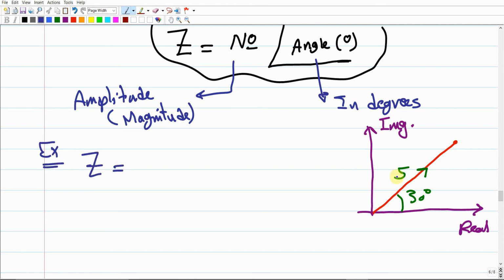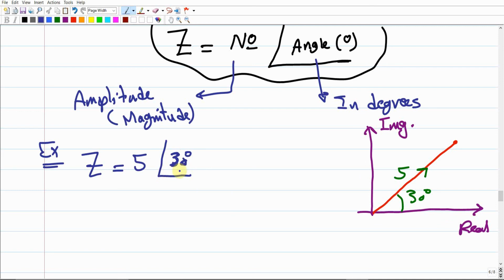Z equals the magnitude, which is the length of this vector, 5. This is the magnitude or the amplitude, and it is inclined with the real axis, the x-axis, with an angle of 30 degrees. So this gives us the complex number in the polar form.